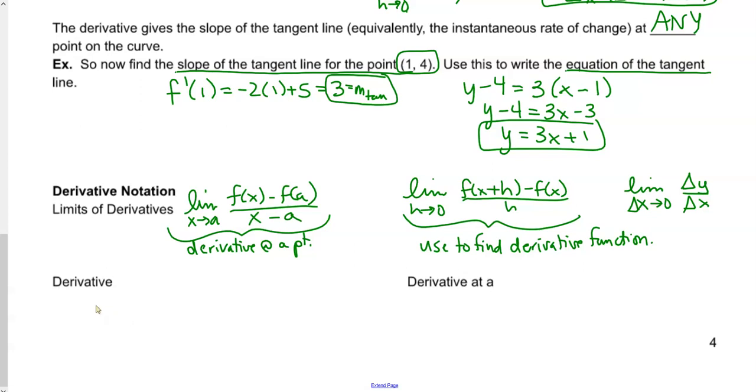So if I just want a blanket derivative, we've been using f prime of x as one. But we can also do that change in. When we go into calculus, it's representing a derivative. We write it as dy over dx. Another different notation that I've seen is df over dx.